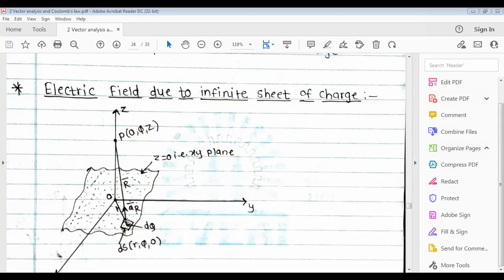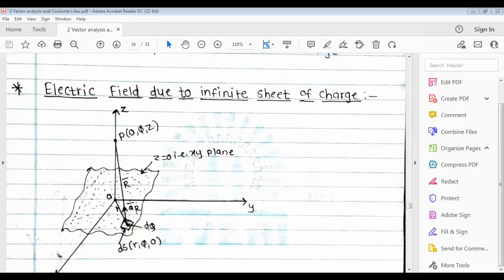So when I consider a small section of this sheet, there are a number of charges on this sheet, right? The charge included in this small part is dq, and that small surface area is denoted by ds, the differential surface area, and dq is the differential charge.